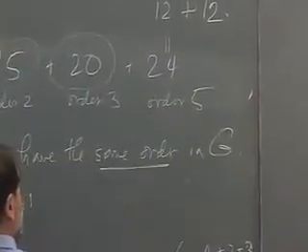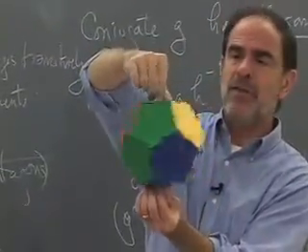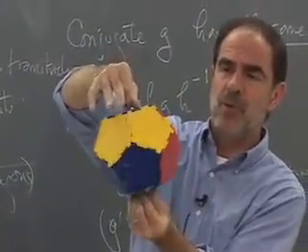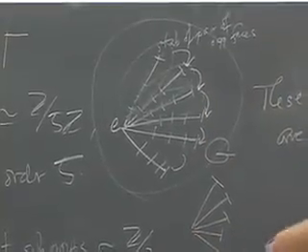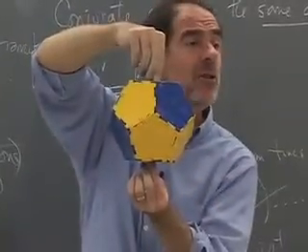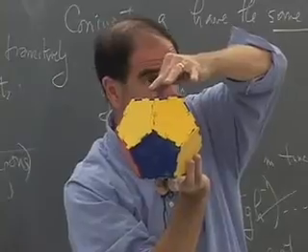However, if you do the same thing for the elements of order 5, so here we know that this subgroup is conjugate to this subgroup, etc. But which elements of this subgroup of order 5 are actually conjugate to each other? We only have one thing that we can use. We can take this face to this face, like that, and see what it does to rotation.